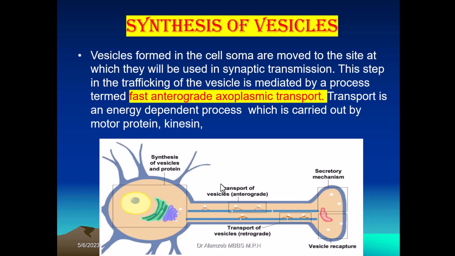This transportation is called anterograde axoplasmic transport. When these vesicles are formed, they are loaded onto this protein which is known as kinesin, and it is an energy dependent process.